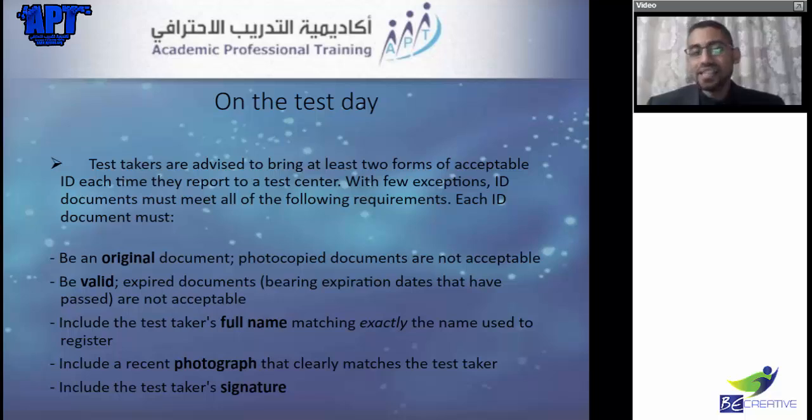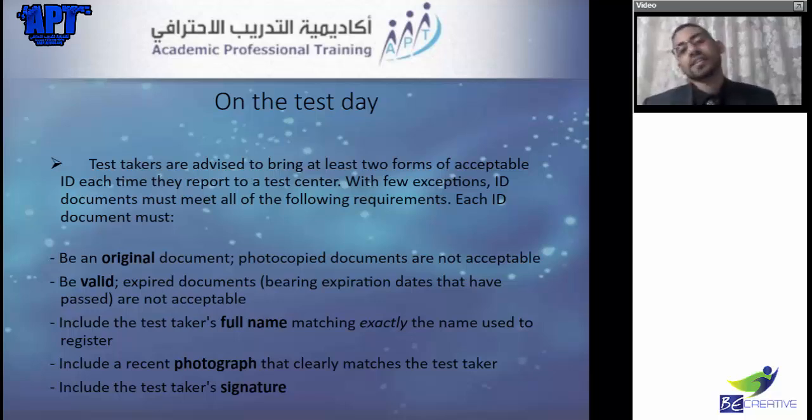Now, on the test day, there are some things you need to do. First, take a recent photograph. Signature. Write your full name. Your document is supposed to be valid. You have to give original documents from the ones that are going to be required from you.